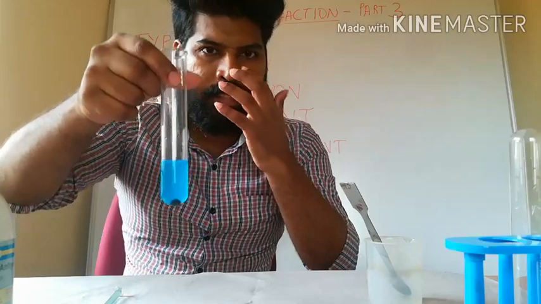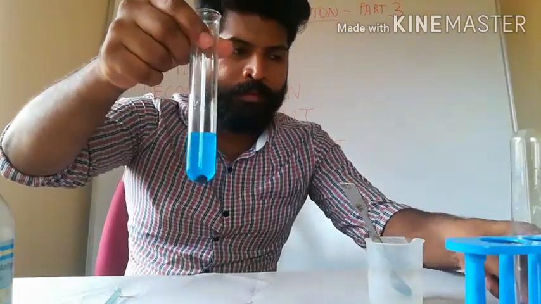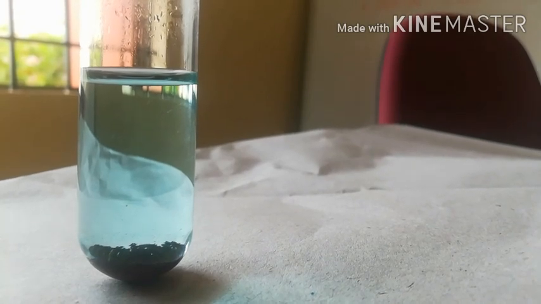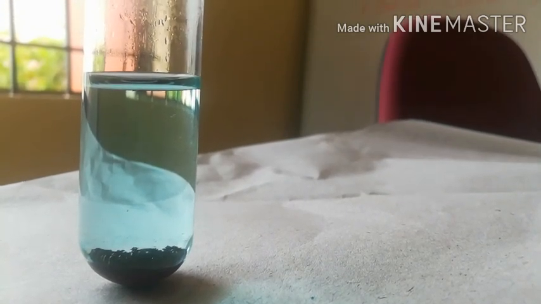And we will set it aside. After around 45 minutes, we see that the blue colored copper sulfate solution has changed into a colorless solution, and also copper deposits can be seen at the bottom of the test tube.